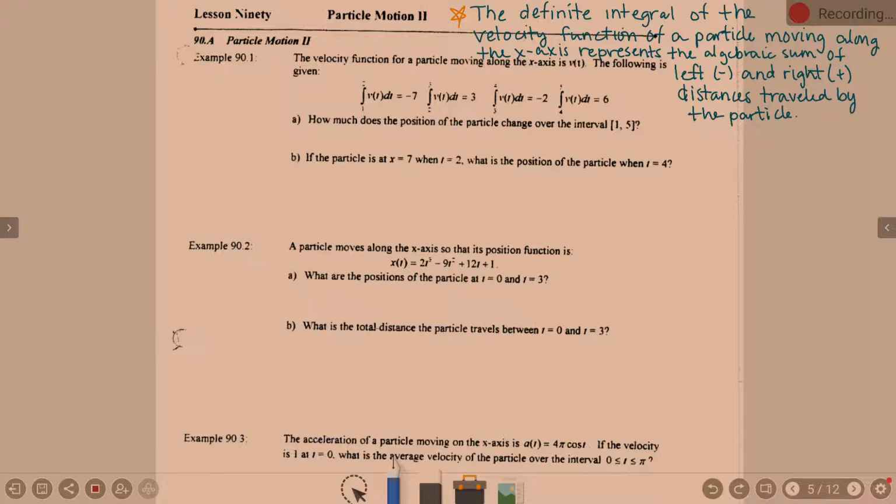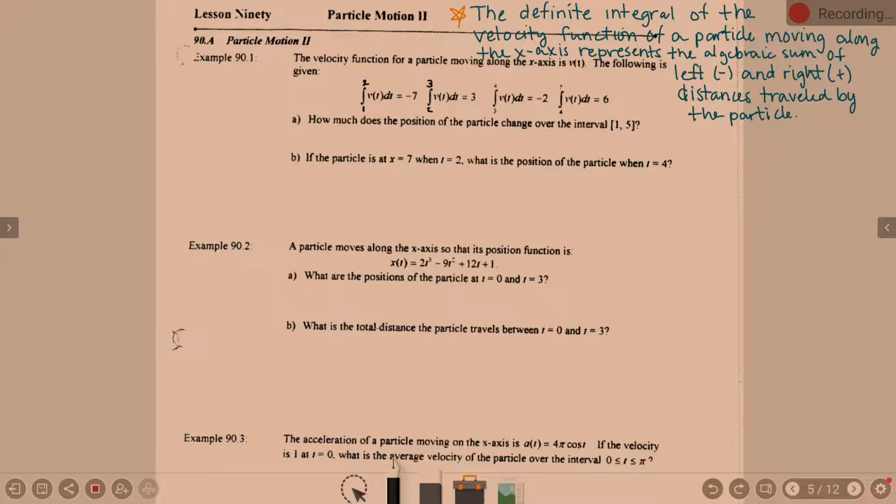The velocity function for a particle moving along the x-axis is v of t. The following is given. So first of all, let's make sure we can read these numbers. The integral from 1 to 2 of velocity is -7. The integral from 2 to 3 of v of t is 3.